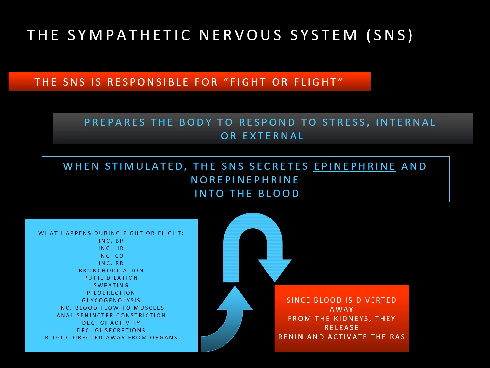So, your sympathetic nervous system, that's the system that's going to give you that fight or flight response. Anytime you're in a stressful environment, like sitting down for your first pharm test and you're super anxious and nervous, your body starts to respond to that and you don't even tell it to do it. So you're getting anxious, your heart starts to race, you might even breathe a little bit fast.